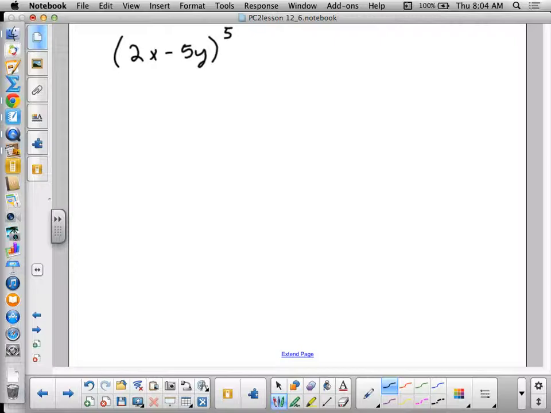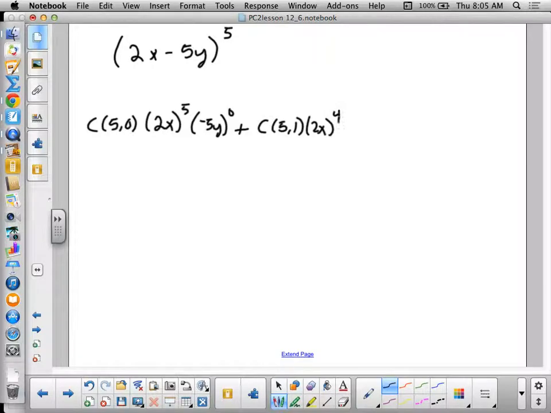So the first term is going to be combination of 5 choose 0. We're going to take the first term, 2x, raise that to the 5th power, and the negative 5y to the 0th power. The sum of these 2 powers on each term has to be the total that we have here. Plus, next combination, that'd be 5, 1.